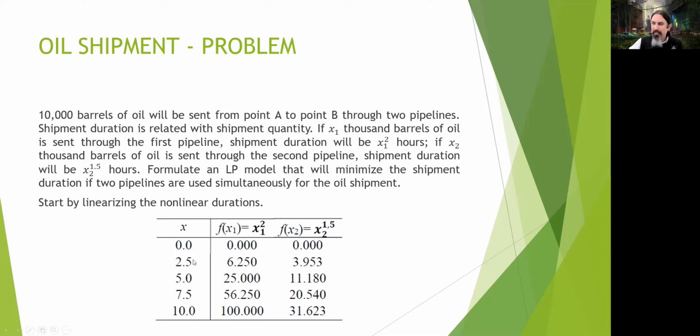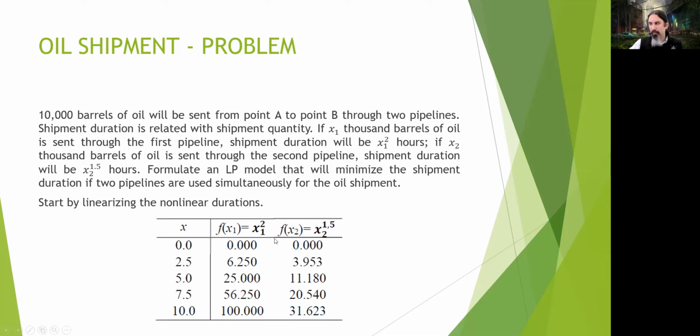You can pick the length of those pieces. It's just dividing into 4 right now. So we have 4 pieces: between 0 and 2.5, between 2.5 and 5, between 5 and 7.5, and between 7.5 and 10.